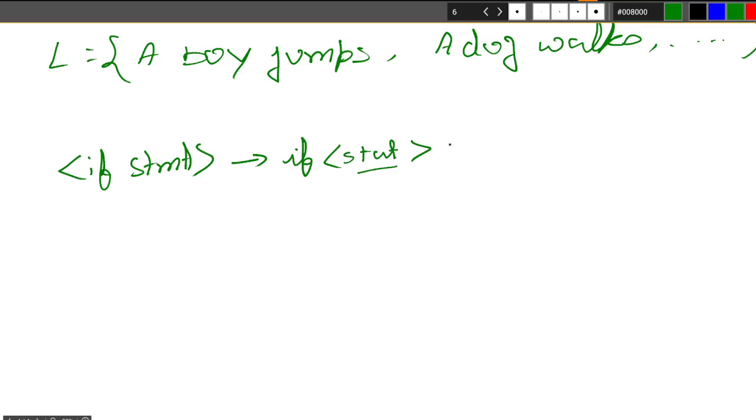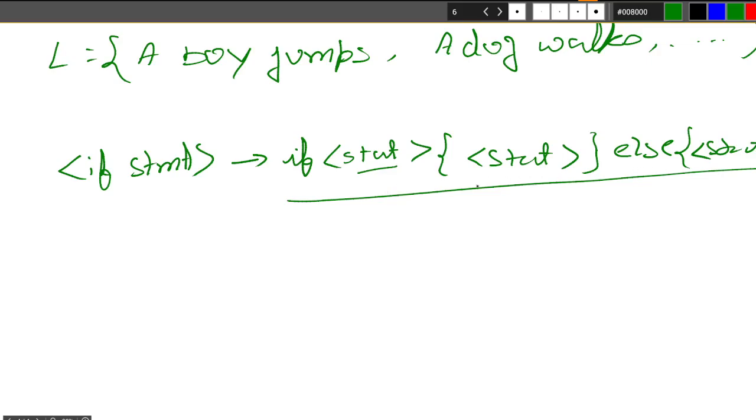If this is correct, then certain statement, and if it is not correct, then you write else, else is a keyword. After that certain statement. Okay. This is the way you write.